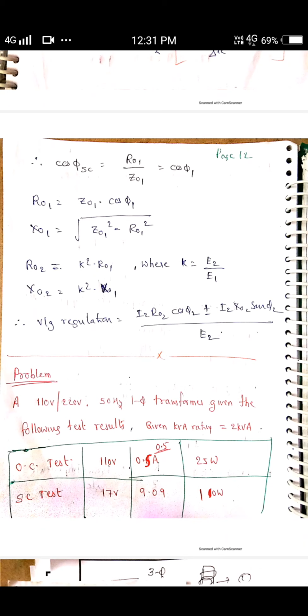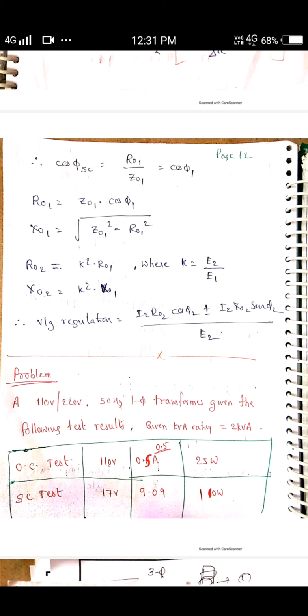So from this we can estimate R01. The basic formula is R01 is equal to Z01 into cos phi SC. Now knowing Z01 and R01, we can calculate X01. The total equivalent reactance of the transformer referred from primary, X01, is equal to the square root of Z01 square minus R01 square. After knowing R01 and Z01 on the primary side, we can calculate the secondary side also.